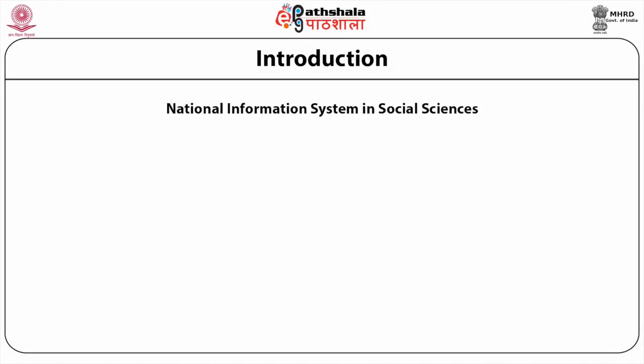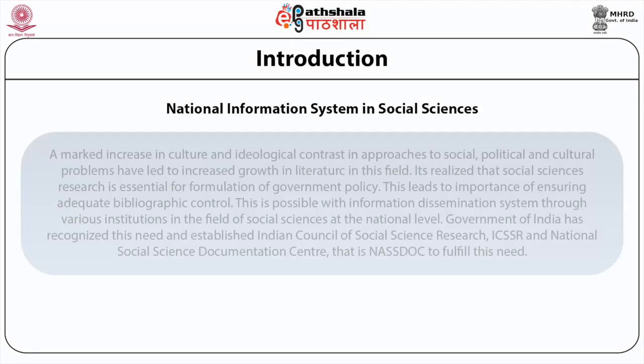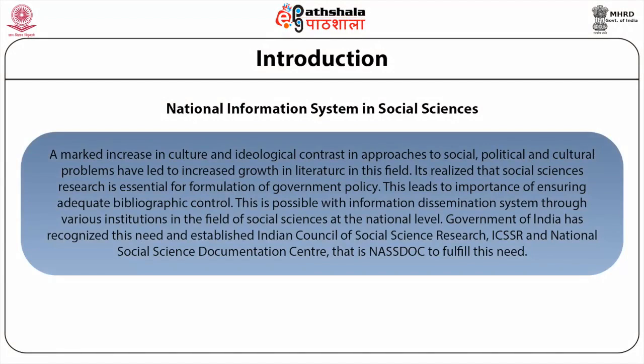National Information System in Social Sciences. A marked increase in cultural and ideological contrasts in approaches to social, political, and cultural problems has led to increased growth in literature in this field. It's realized that social science research is essential for formulation of government policies. This leads to the importance of ensuring adequate bibliographical control.